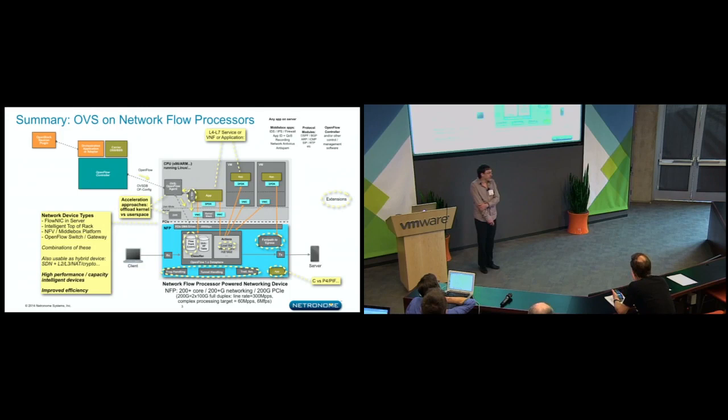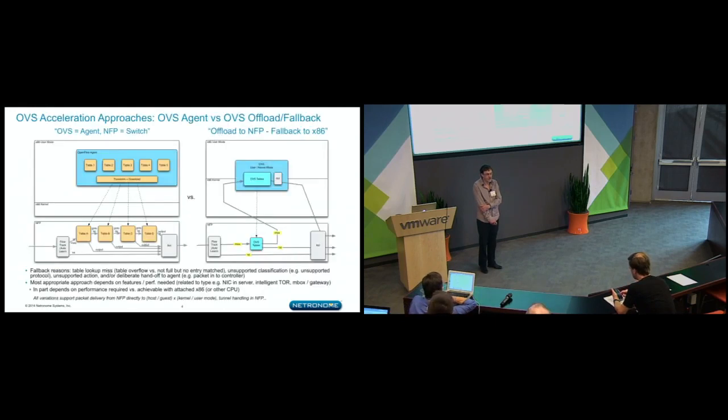So without further ado, let's zoom into a few issues like user space versus kernel offload and the different acceleration approaches. So having a look at the OVS agent model on the left there, your OVS would just act as an OpenFlow agent typically. It could do the OVS extensions.